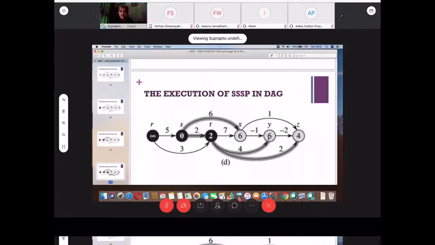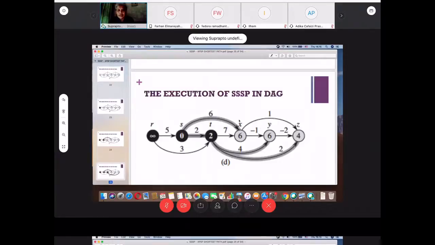Okay. Now let's compare the weight among these 3 paths. Number 1, for example, if the path starts from S, goes through X, and then goes to Y, it will have 6 plus minus 1, which is 5, right?